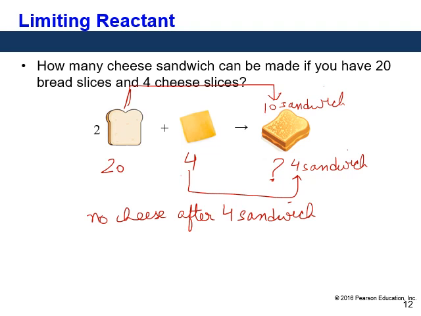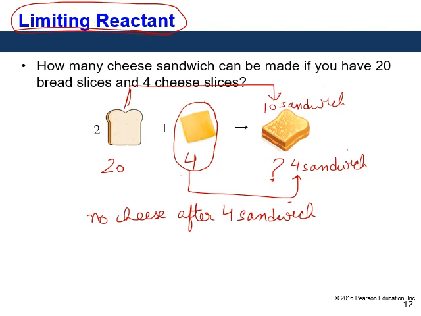I have some bread left, which means just with bread, I'm not able to make a sandwich because one of my ingredients is over. So this one ingredient that is controlling how much product you can make is called the limiting reactant. The reactant that is controlling the amount of product made is called the limiting reactant because it is limiting the amount of product being made.